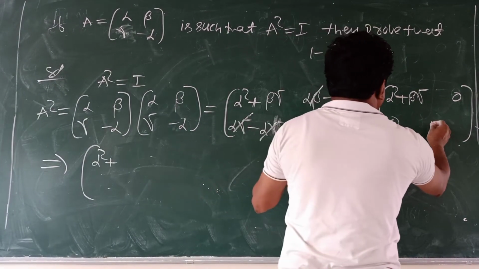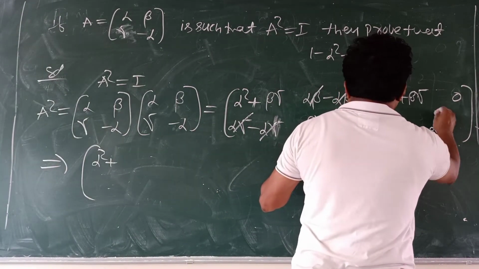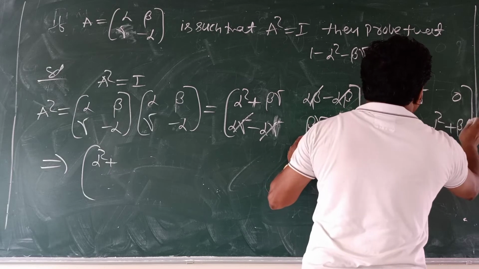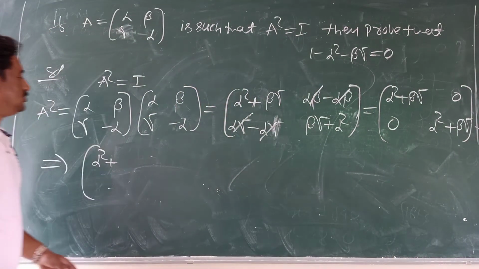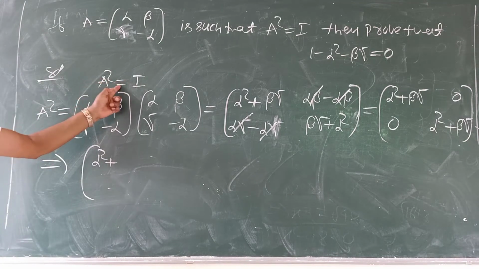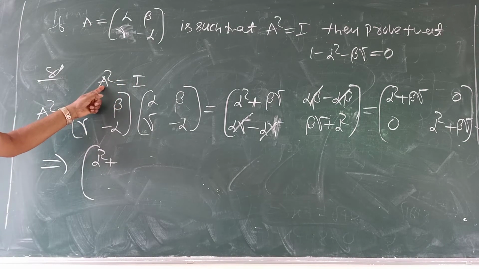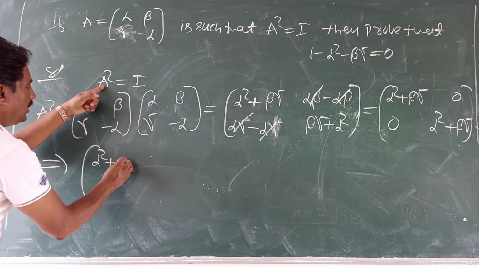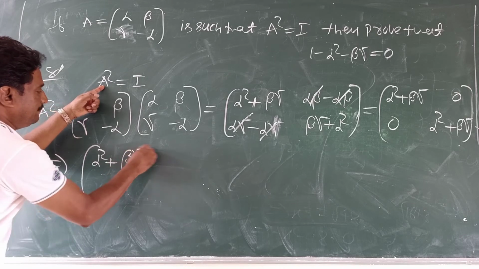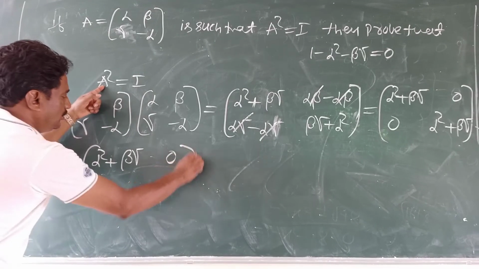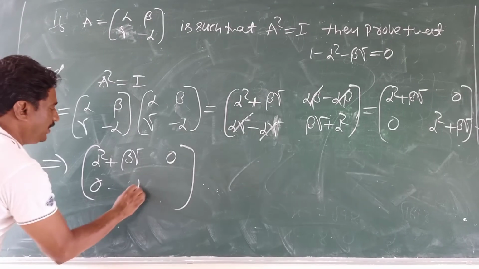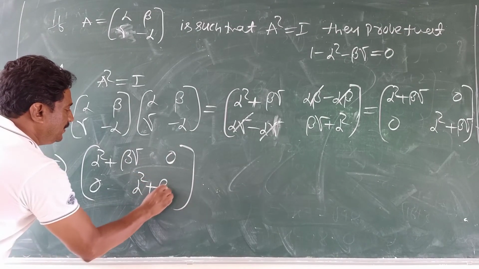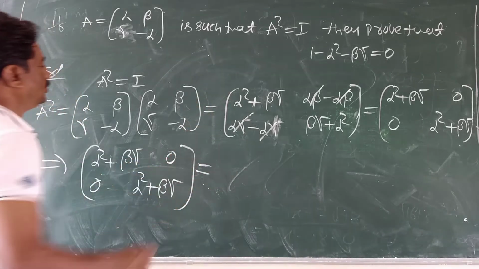Next, alpha square plus beta gamma. Now you substitute in this equation, A square is equal to I. First, you substitute for A square. What is A square? Alpha square plus beta gamma, 0, next 0, next alpha square plus beta gamma, is equal to I.